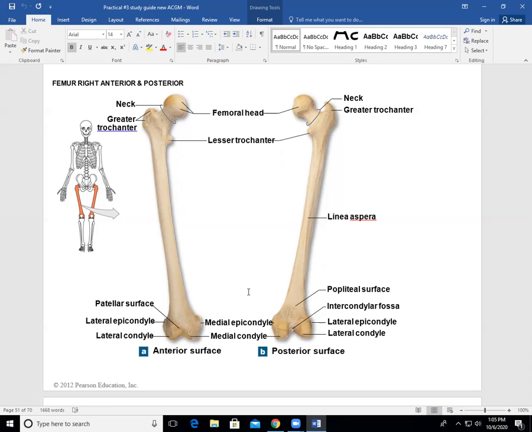Posterior surface, you can really see the medial and lateral condyles. Okay, it's two kind of separate little spaces there on the posterior surface. All right. On the anterior surface, your patellar surface, where your patella articulates with your femur.